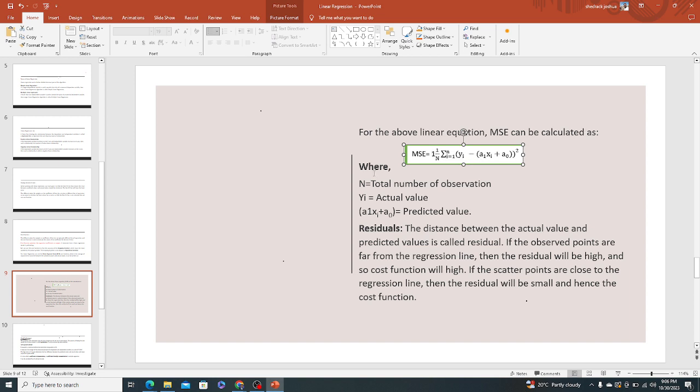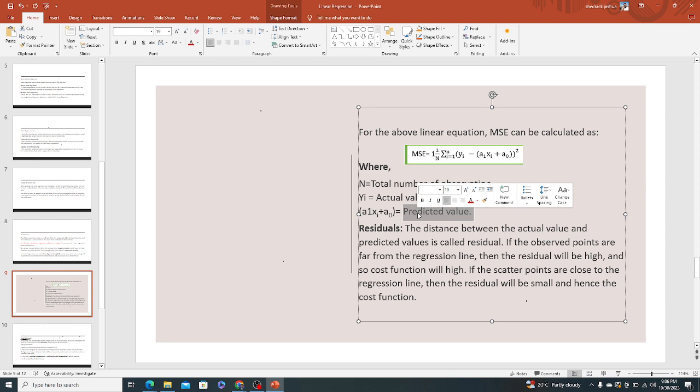All right, so then we have n, where n is the total number of observations. Then yi's are the actual values. Then we have a1 xi plus a0, which is the predicted values. We also have what we call residuals.